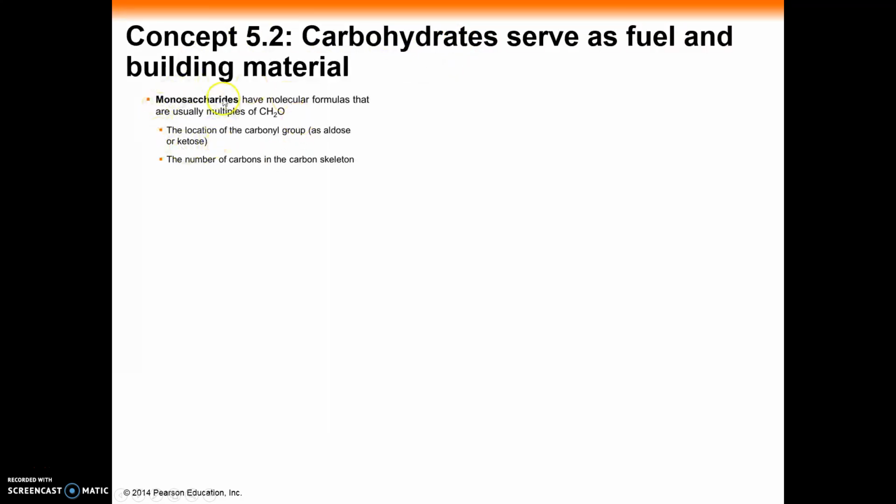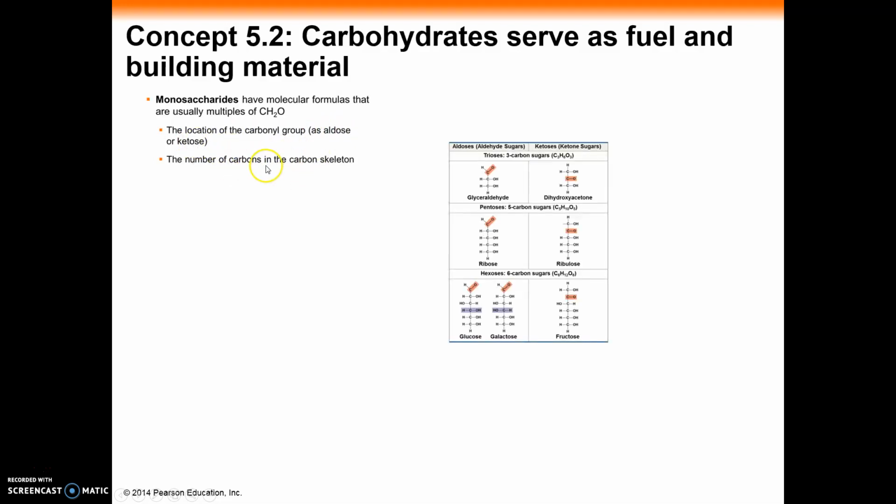But these carbohydrates are formed from monosaccharides that have multiples of CH2O. They can vary in their carbonyl position, producing aldose or ketose sugars, and they can vary in the number of carbons, right? So we get this full arrangement of different carbohydrates based upon the carbonyl position and number of carbons.